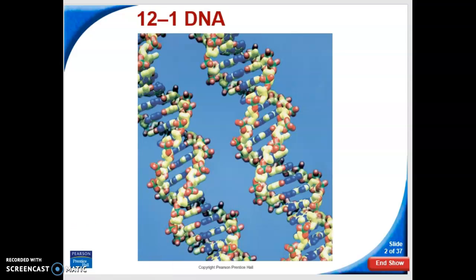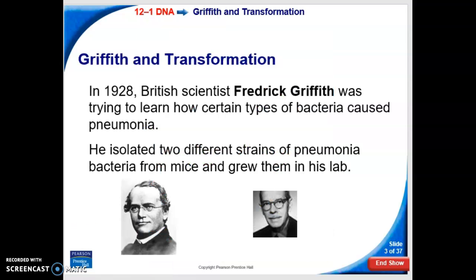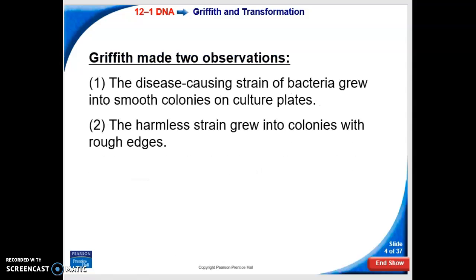So we start out with Griffith and what he called transformation. He was a British scientist and he started using bacteria that caused pneumonia. When you're looking at the bacteria that cause pneumonia, you have the disease-causing, which is a smooth colony, and you have a harmless, which is going to be the rough colony.